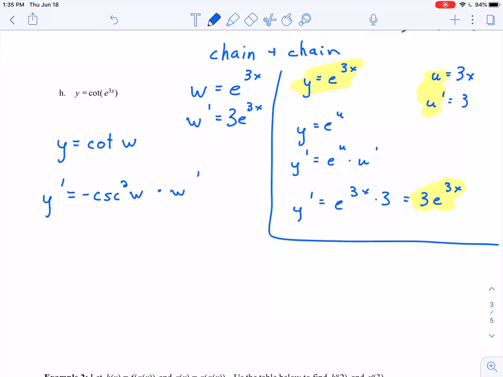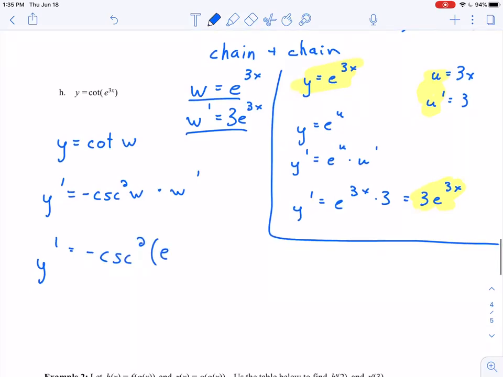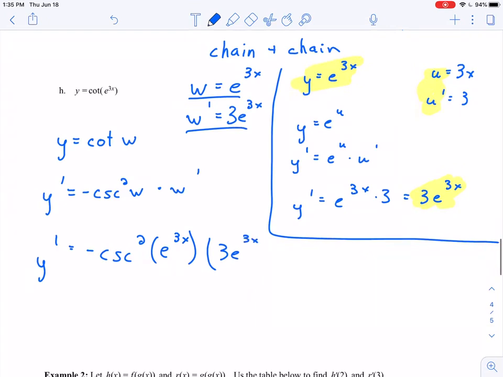All right, so now we just need to take our W and our W prime and plug those into our derivative. So let's do that. Y prime is equal to negative cosecant squared of W, that's really e to the 3x, times W prime, 3e to the 3x. You could leave your answer like this.